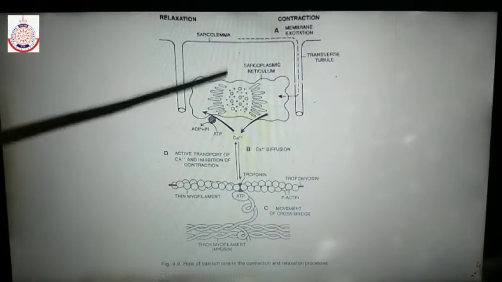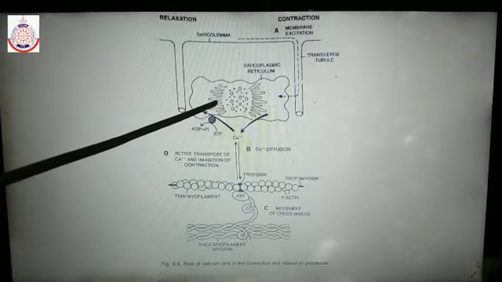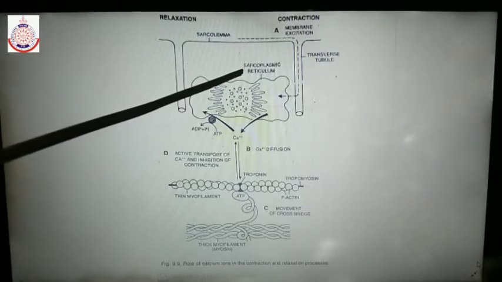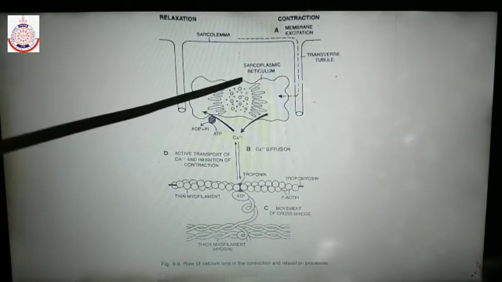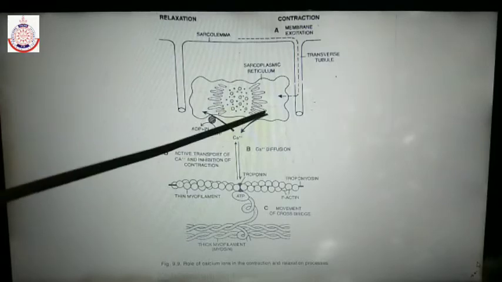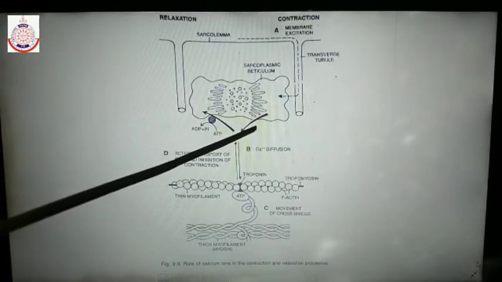So the sarcoplasmic reticulum, or the endoplasmic reticulum of the muscle cell, is known as sarcoplasmic reticulum. This sarcoplasmic reticulum of the muscle cell releases calcium ions into the sarcoplasm. You can see here the calcium ions being released into the sarcoplasm.